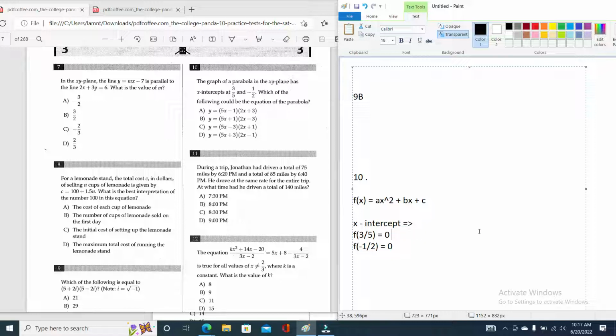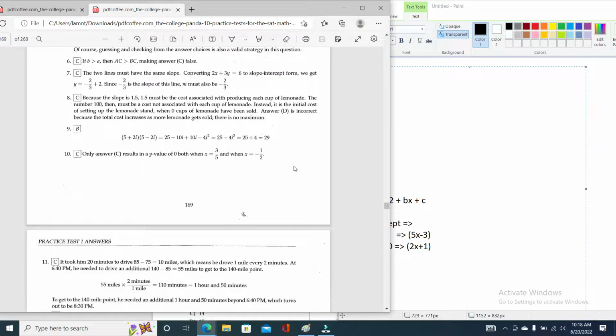So for f(3/5) equal to 0, it has to contain the factor of 5x minus 3, and for this it has to contain the factor of 2x plus 1, right? So I think the answer for this is actually C. So 10 is C indeed.